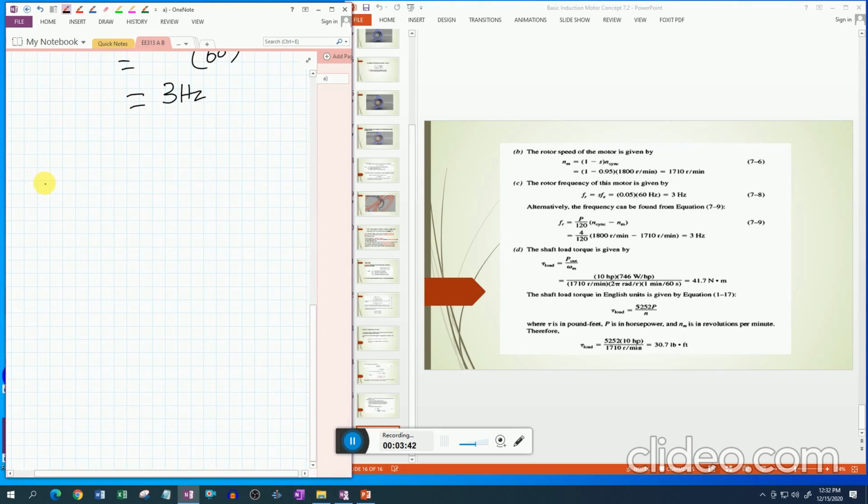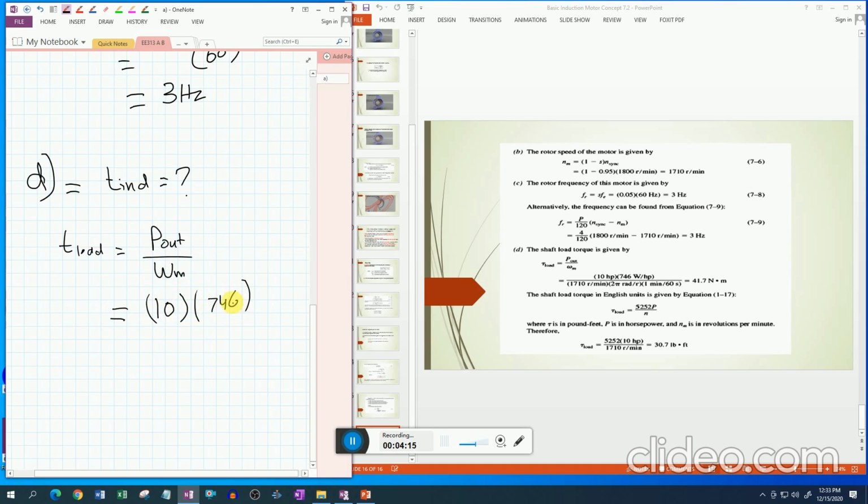In part D, we have to calculate the torque induced or torque load, which is equal to P out divided by Wm. This formula we already studied in chapter number 1. Power is 10 horsepower. By converting horsepower into watt, we have to multiply this by 746, and Wm is equal to 1710 revolutions per minute.